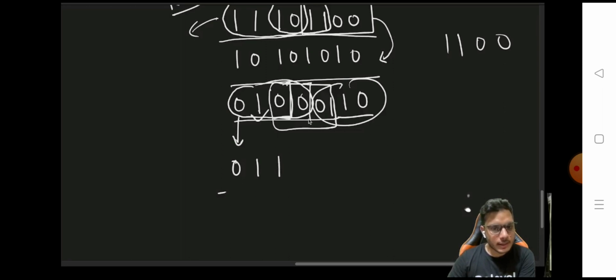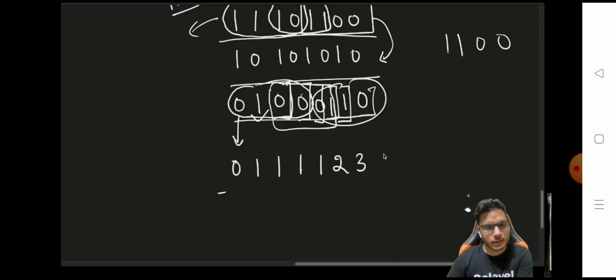What is the sum till now? It is 1. What is the sum till now? It is 1. What is the sum till now? It is 2. What is the sum till now? It is 3. And what is the sum till now? It is 3. Do we agree? I just accumulated everything. So basically, this 2 means the sum from the start to here. So it is the prefix sum.